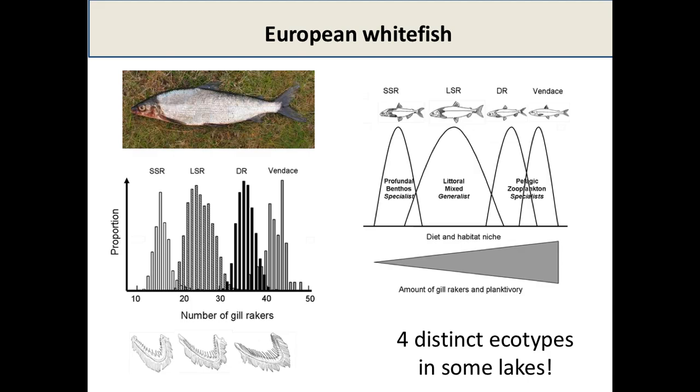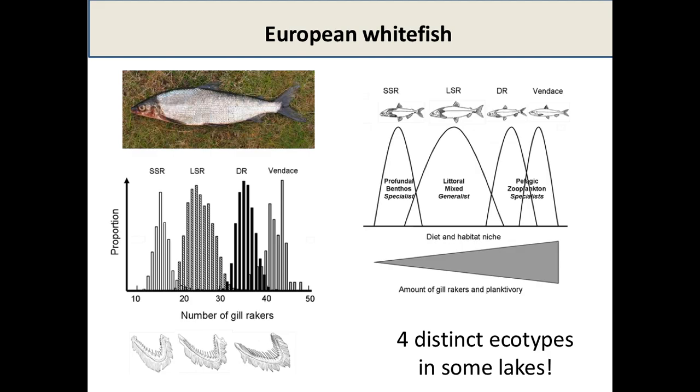Each of these subpopulations has a distinct spawning time, feeding or reproducing at a different time of year. And we get to a point where this population actually exists as subpopulations, as different ecotypes or different forms of this whitefish.